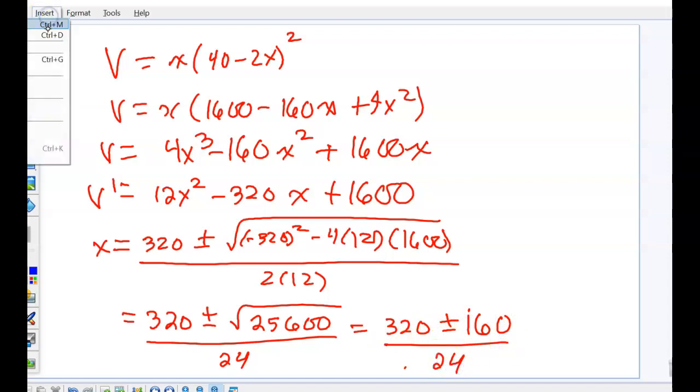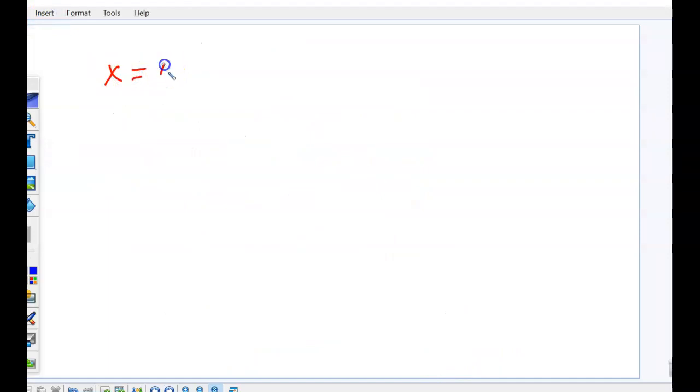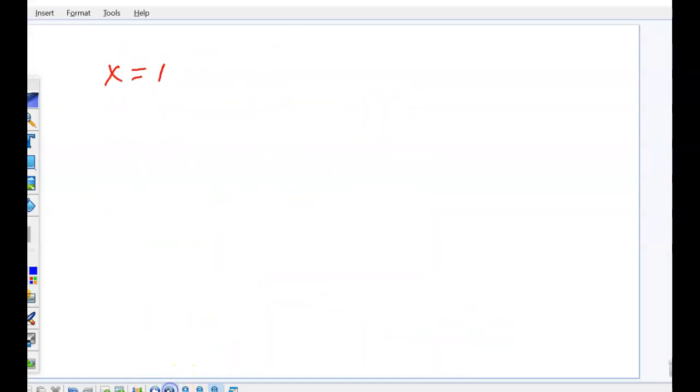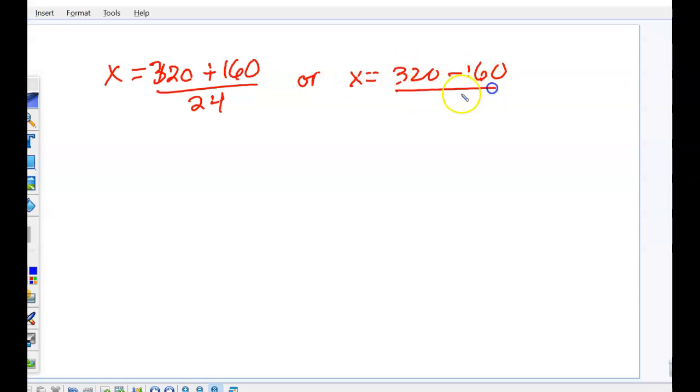So I get two possible answers. X is going to be 320 plus 160 over 24, or X is going to be 320 minus 160 over 24.